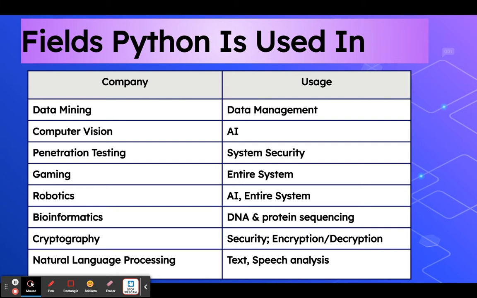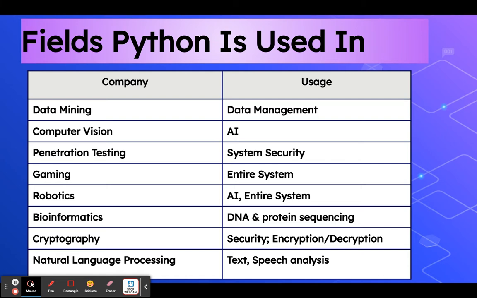Some more companies and uses. Data mining, a big thing right now with cryptocurrency, cryptographic security, encryption, decryption. Big field for Python. AI, computer vision, penetration testing, security systems, gaming, the entire system is Python. Robotics ties in with the AI and machine learning, and it's in the entire system.